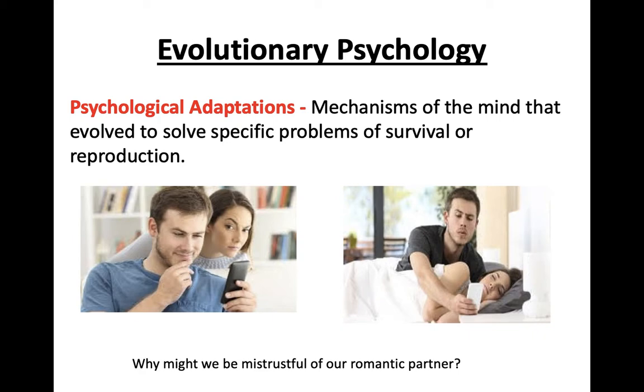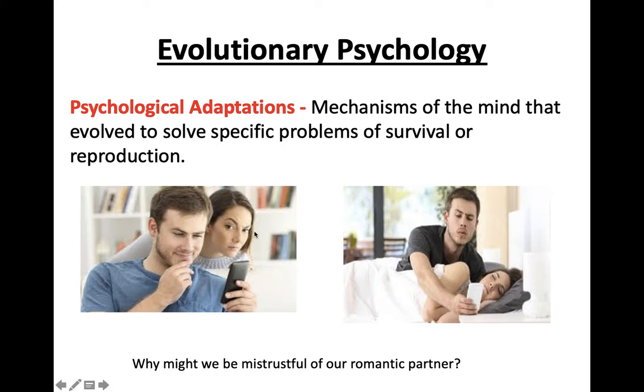How can you call it an adaptation when it's negative? Well, from an evolutionary perspective, an evolutionary psychologist would say it actually has some reproductive advantage. So let's think about that.